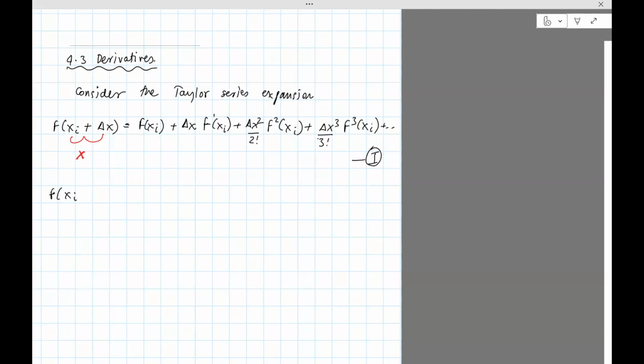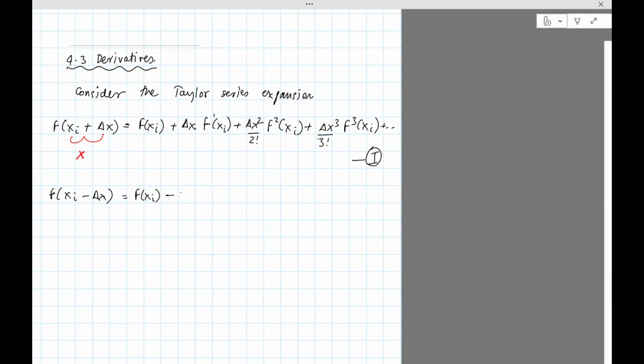Now I'm also going to expand this function on the left side of xi. So f of xi minus delta x equals f of xi. Now I need to replace the delta x positive with delta x negative.